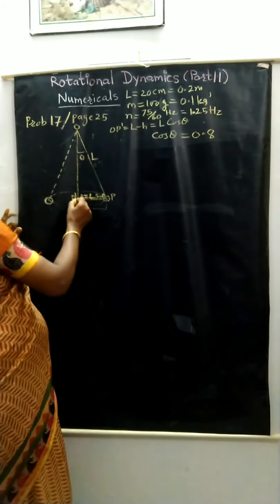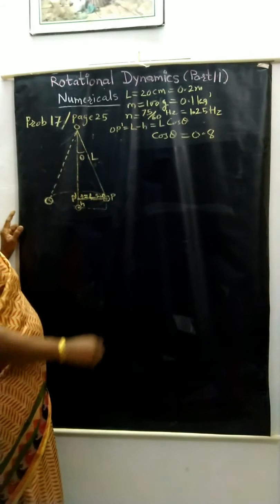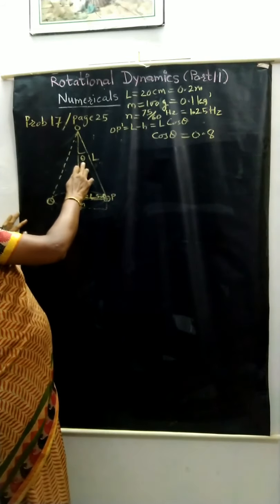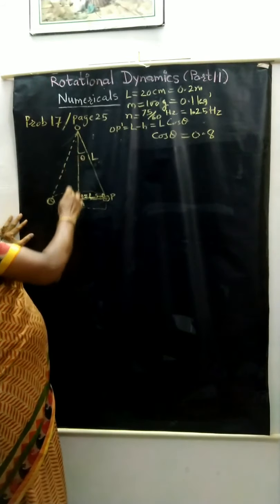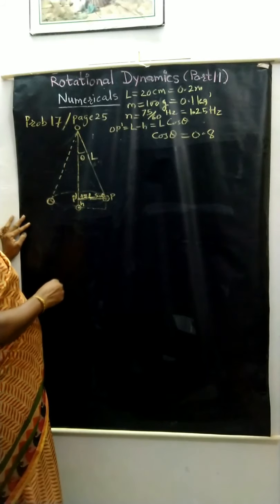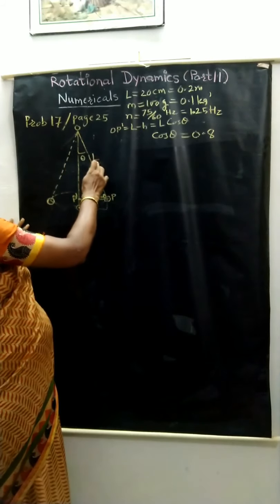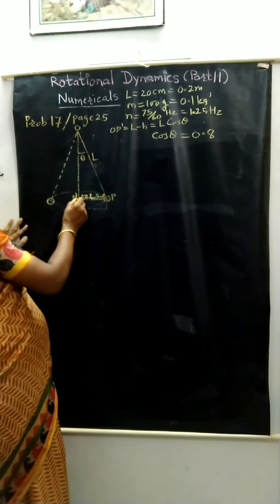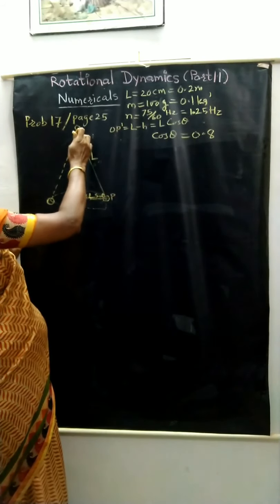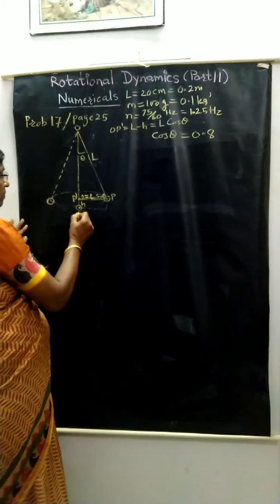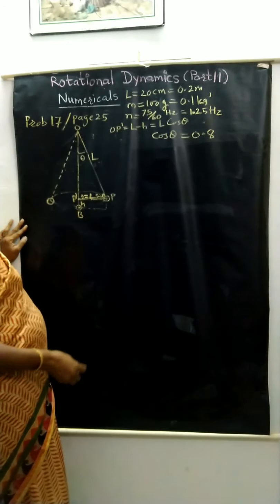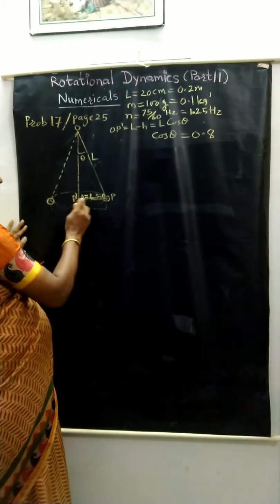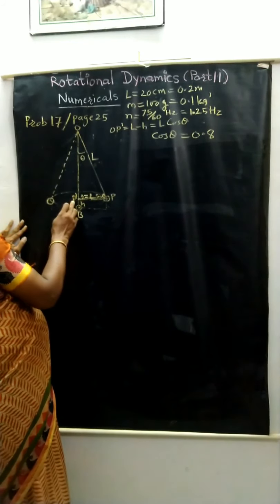Now let us complete this triangle. In this triangle, this is the semi-vertical angle theta of the conical pendulum. Then this is L. So when I draw a perpendicular on this OB, at point P dash the perpendicular intersects.